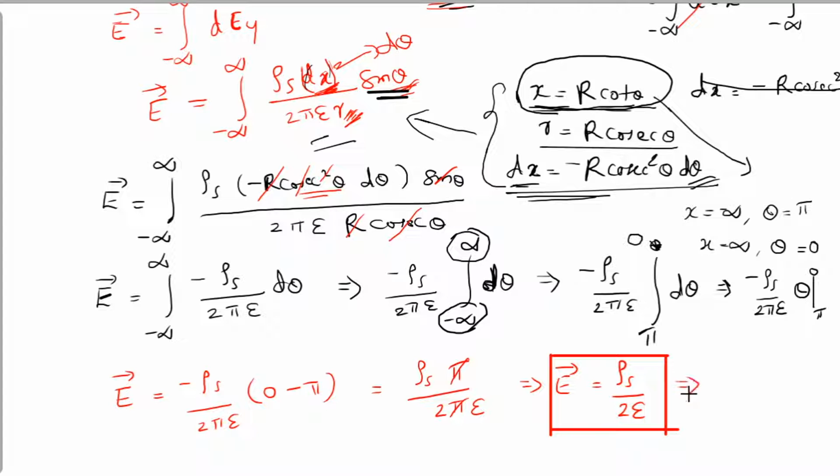So I will put some arbitrary direction. What do you mean by arbitrary direction? Any direction this is true. So I will put some arbitrary direction, A S cap, where S indicates sheet or surface.